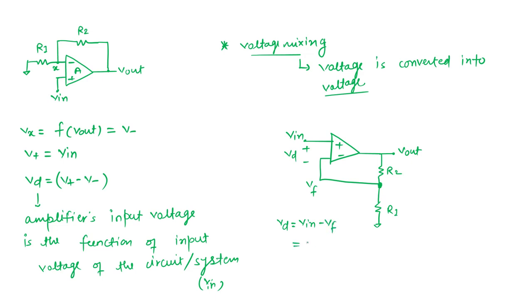The feedback voltage is a function of the output voltage, which I call beta times output. This usually happens in voltage mixing. Here input and output voltage come as a difference to the amplifier's input, so that's why voltage mixing is happening here. This structure can directly be drawn as a negative feedback system.